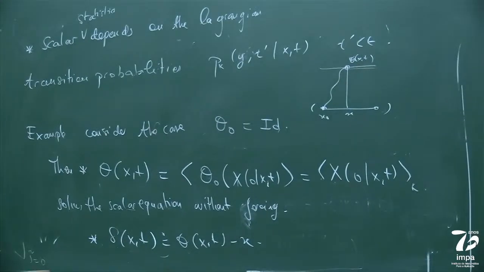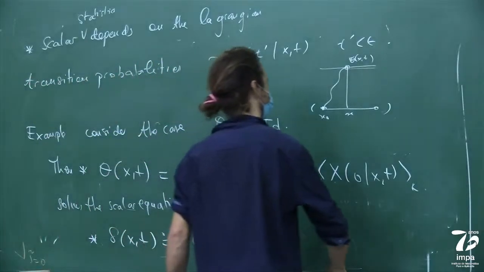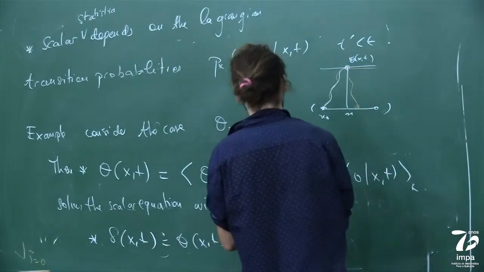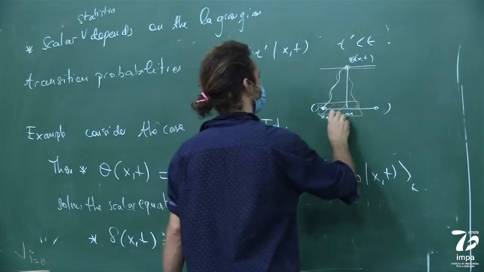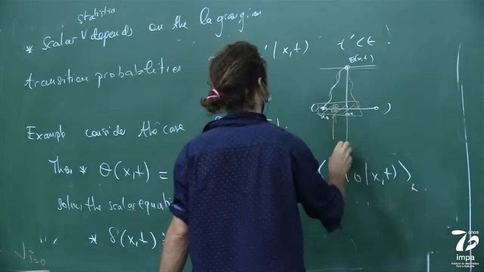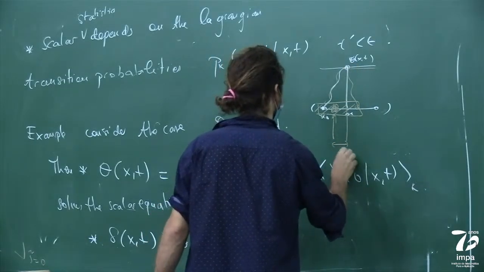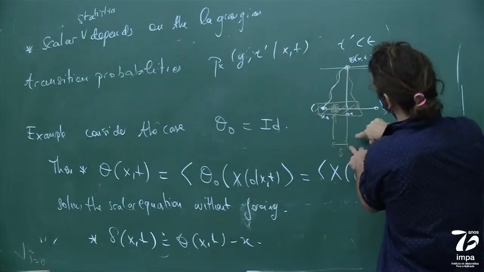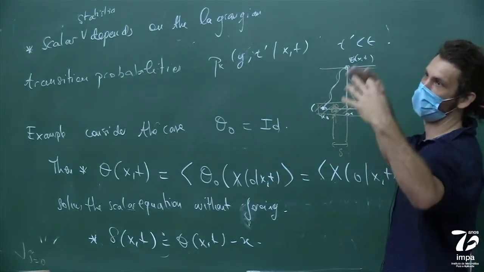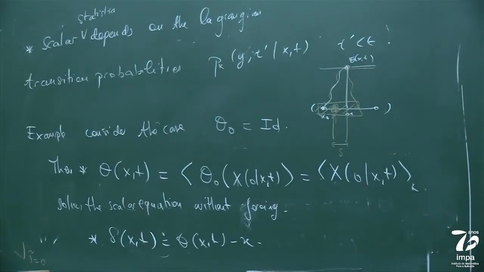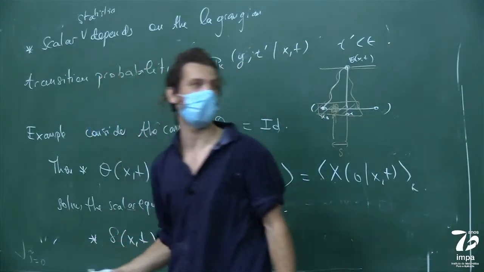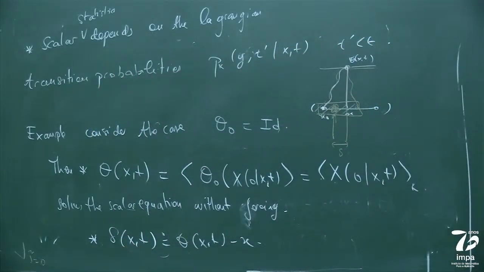I'm at x. Suppose that I have a bunch of trajectories which come here. The average is somewhere like here. So what I'm plotting, delta, represents the separation between the position x and the average of the initial fluid particles.